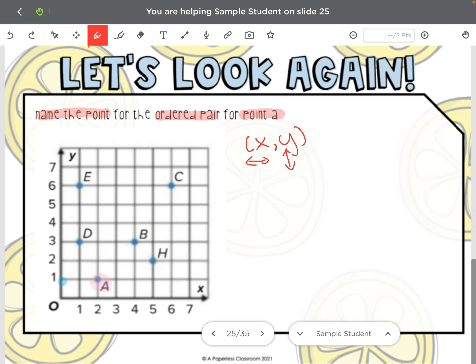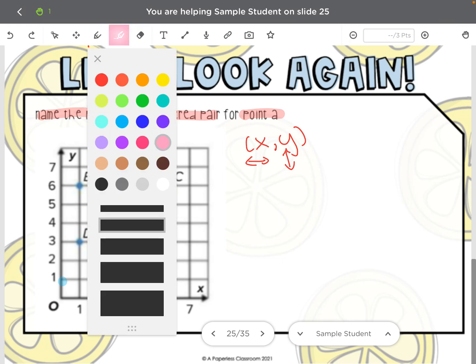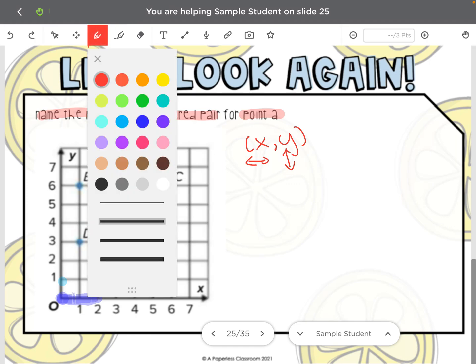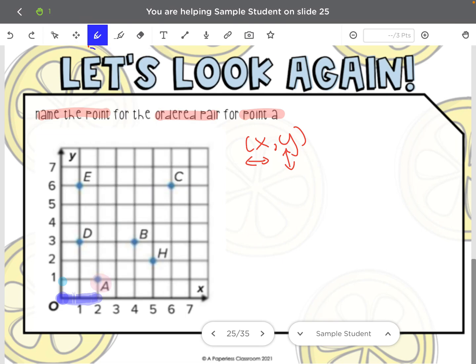Starting with the x, I'm going to begin at my origin, the 0, and go along my x-axis, or the horizontal, until I reach A. Here's A, so I'm going to stop at 2. Because I stopped at 2, my x is 2.